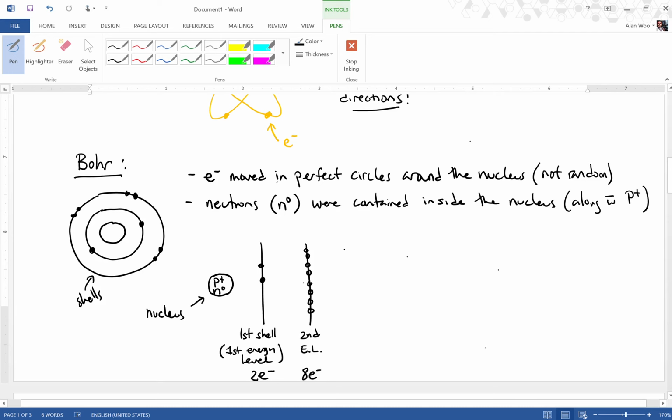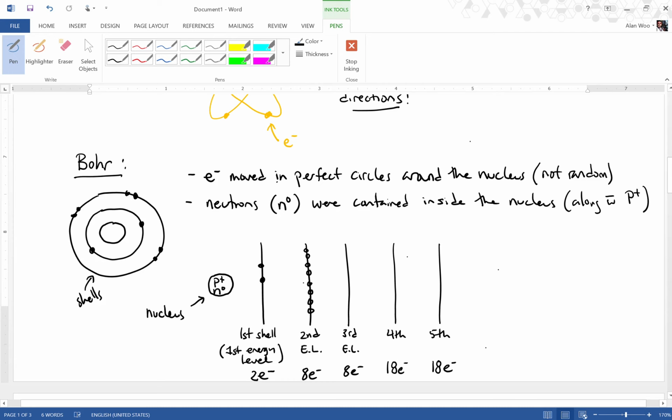And if we keep moving to the third, we can hold another 8 electrons. And then as we keep going up in the fourth and the fifth, I'm not going to draw all the electrons in, but at these energy levels, you can hold 18 electrons.